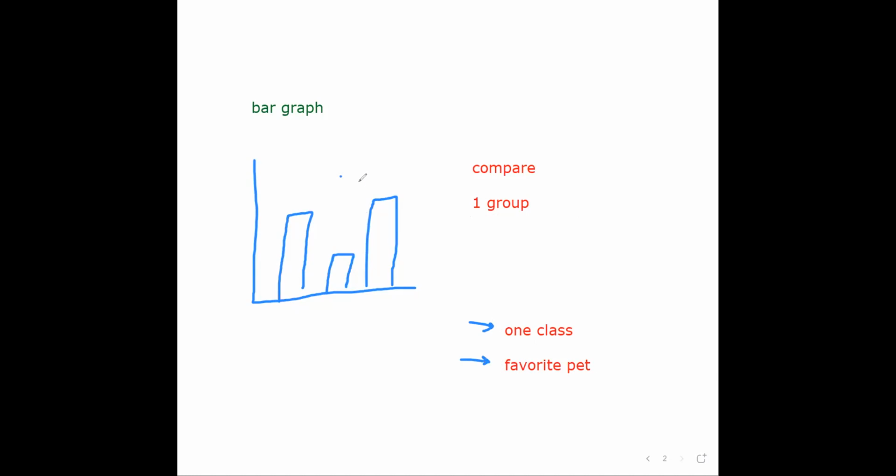So I use the bar graph if I'm talking about one class and one item or one group of things, okay?